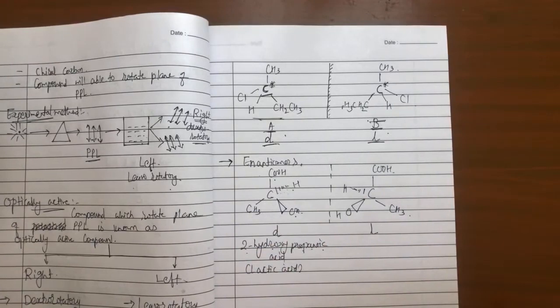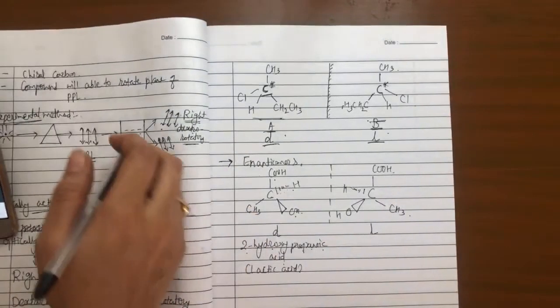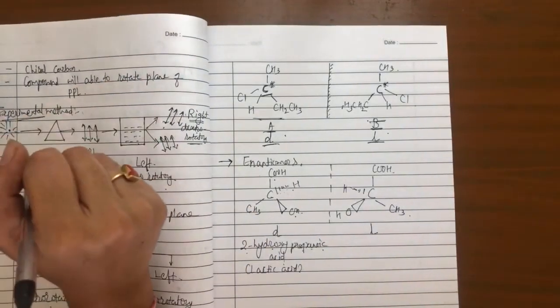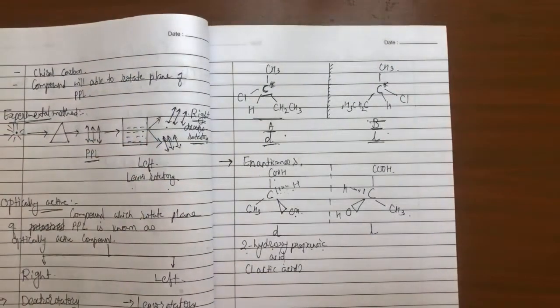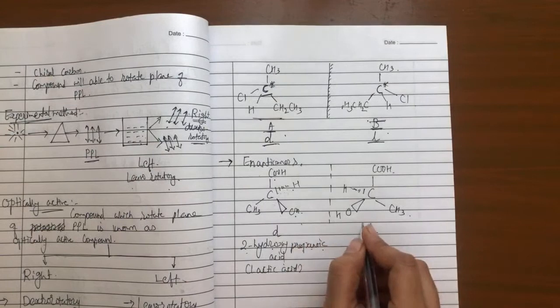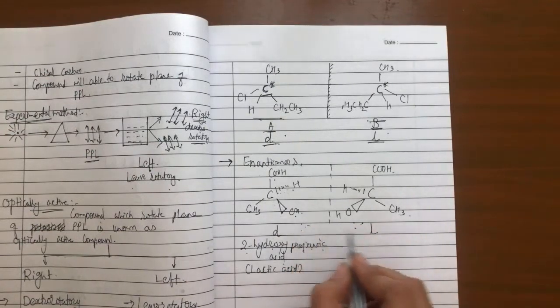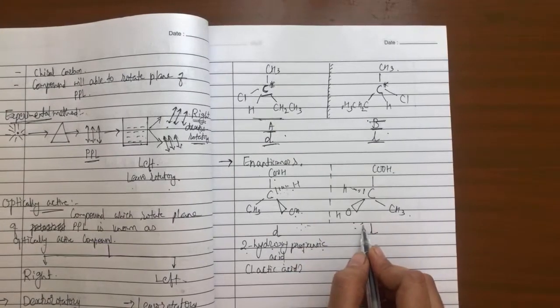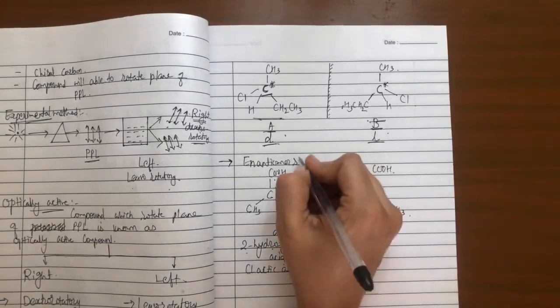This we can find out only by an experimental method, and that method is known as polarimetry. That is the only method to find out whether the compound is dextrorotatory or levorotatory. So these two compounds of lactic acid are also known as enantiomers of each other.